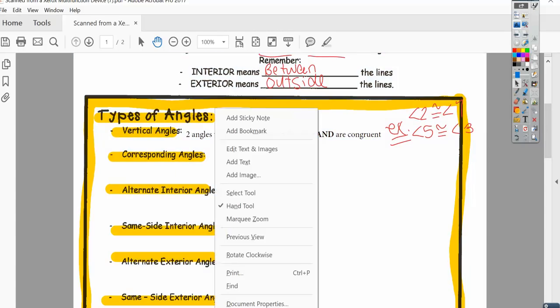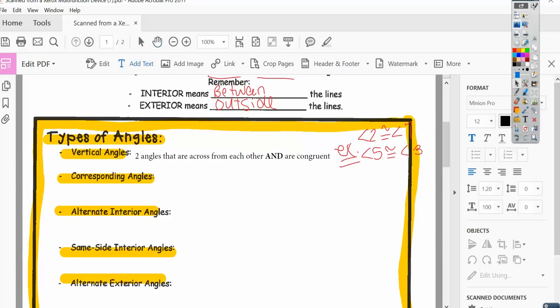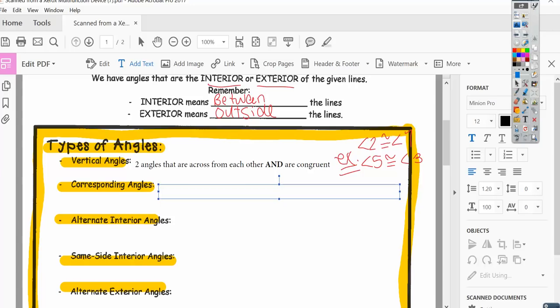So now let's talk about corresponding angles. Corresponding angles are angles that are in the same position of each line.